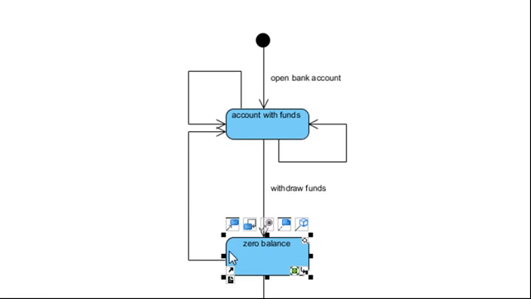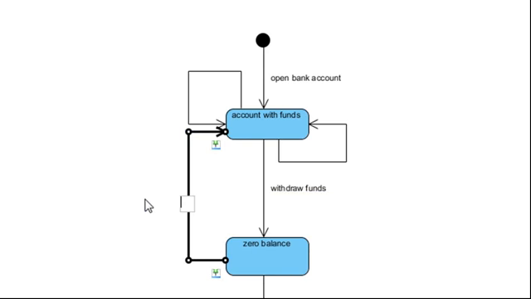And then from this zero balance state, let's say you deposit money back, and that would move you to this state up here. So double click this transition, and let's put in deposit funds, and then press enter. And let's move this over.